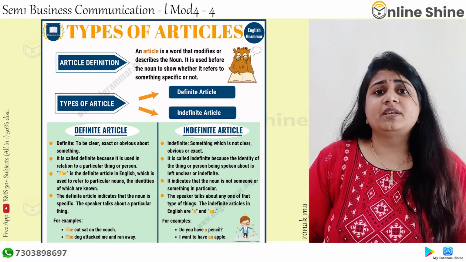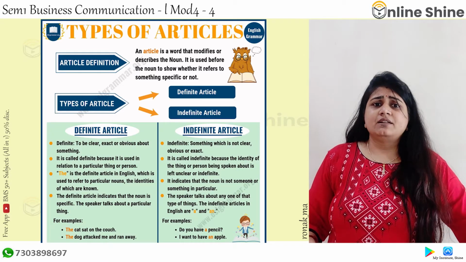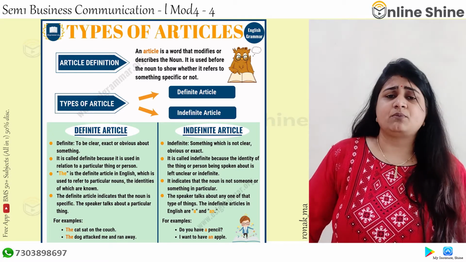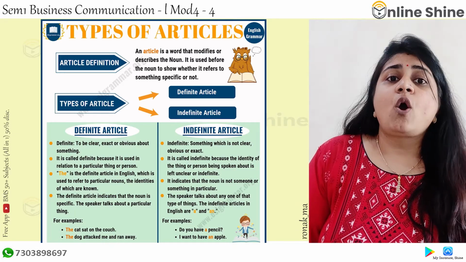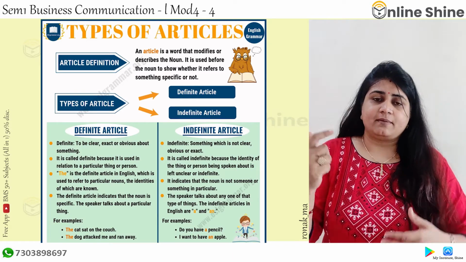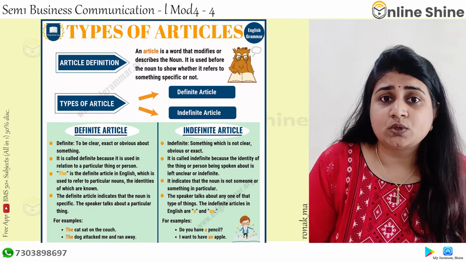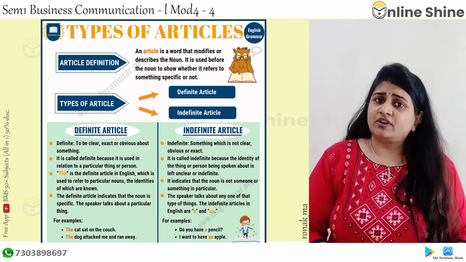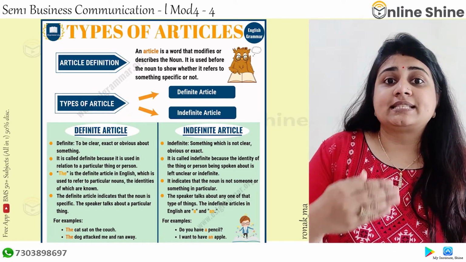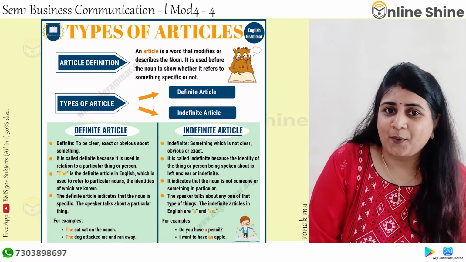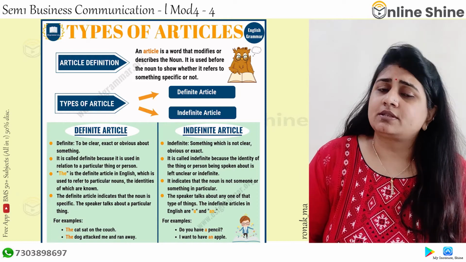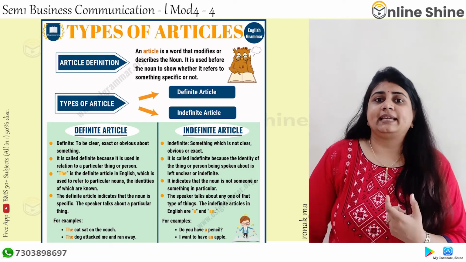Whereas if you talk of something in general, she is a girl, a boy, there are so many words, so many chairs, so many tables. So you use a or you use an. Now an is basically used to highlight something generic, but with regard to the fact that if those words start with vowels, that is a, e, i, o, u, and if the generic thing starts with a consonant, then we use the article a.